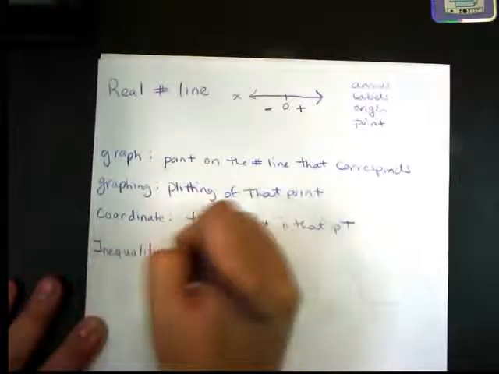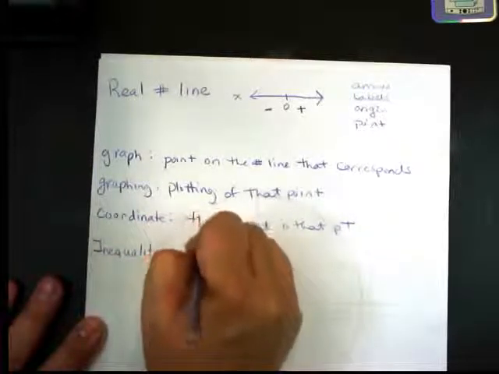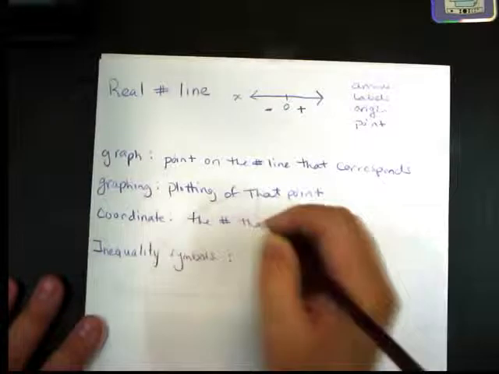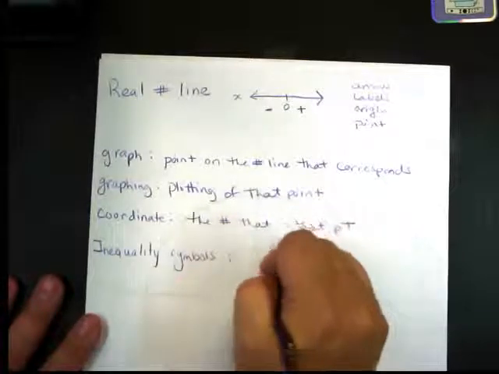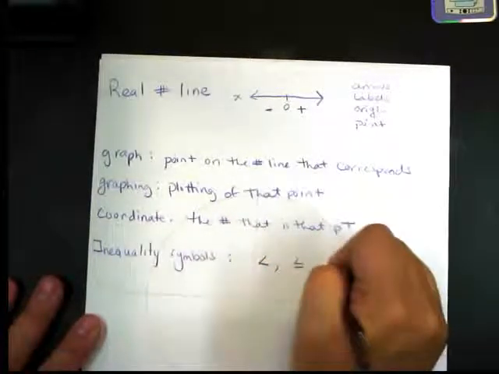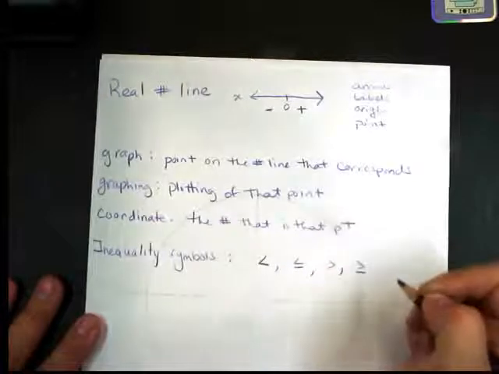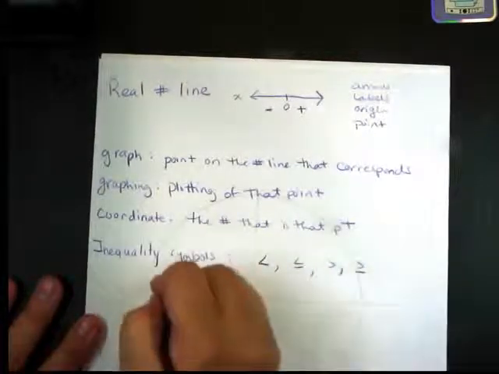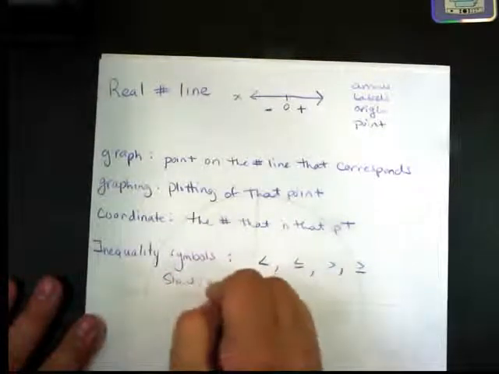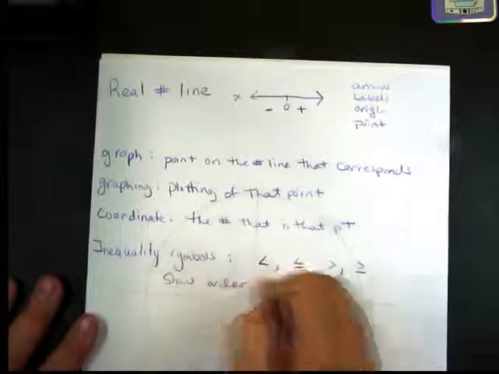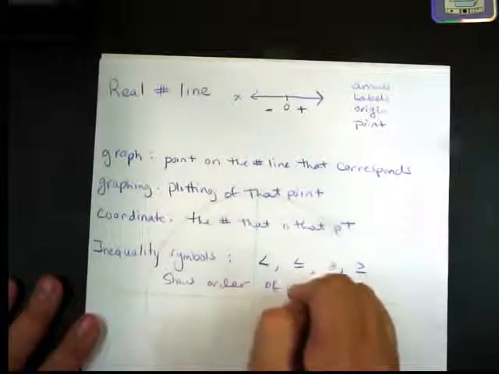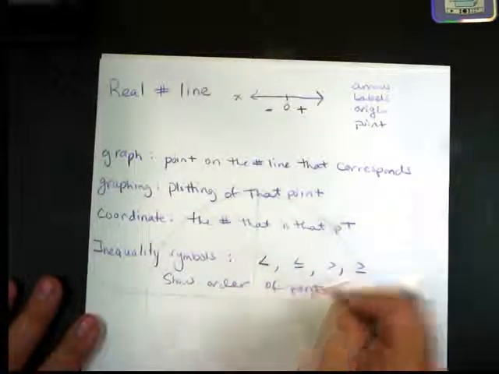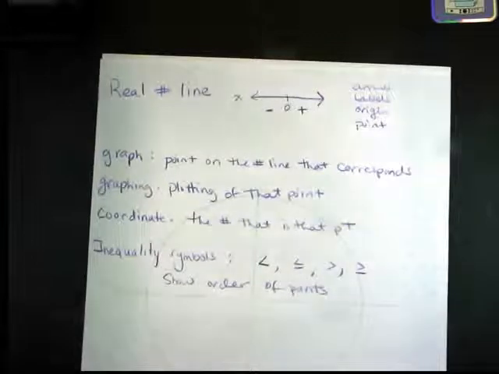Inequality symbols are what we're going to use. Less than, less than or equal to, greater than or equal to, to show order of points. So you will be asked to plot points. You will be asked to label those points.